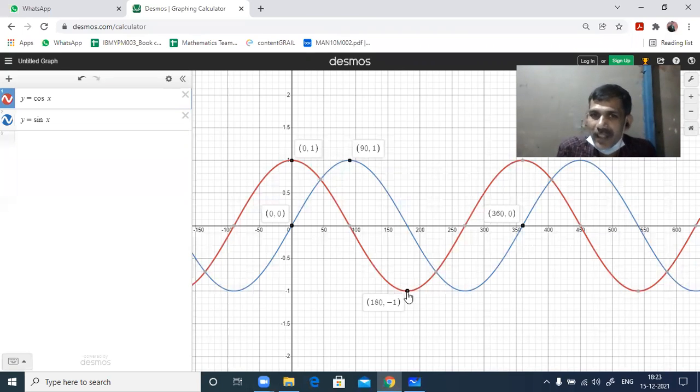And how much is the distance from the maximum point to that principal axis? 1 unit, no? So both are 1. And line symmetry, where is this red color curve, cos x, having it? At the y-axis. So y-axis means x equal to 0, and here also it is having it at 180 plus or minus 180. Okay, and even at 360 degrees it is having it.